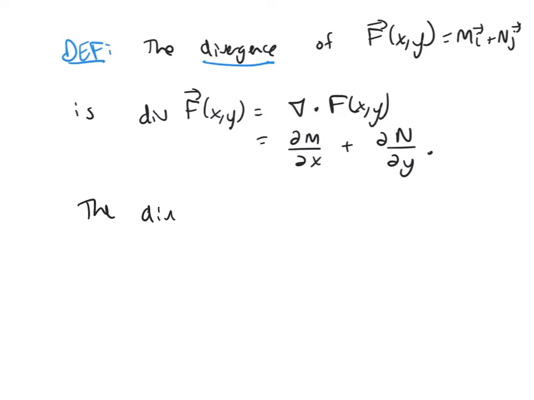And then how do you do it for a vector field when you have three variables?